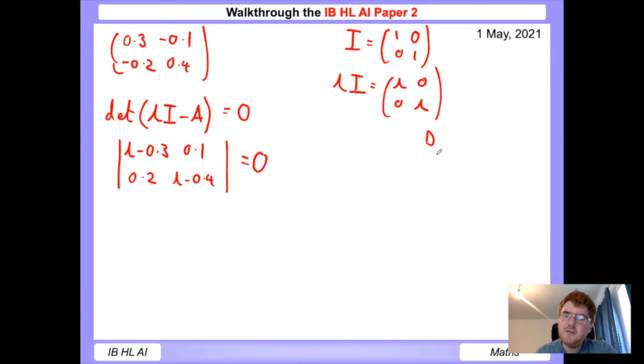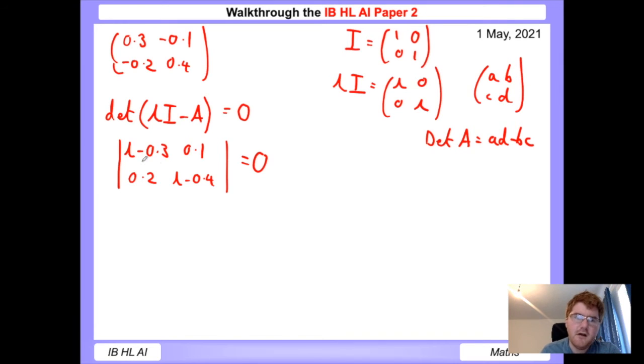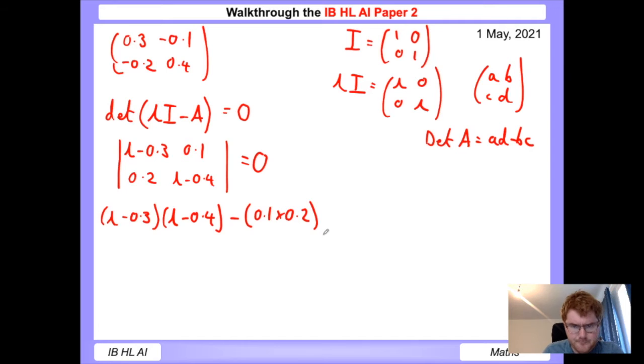Now remember, the determinant of any matrix can be worked out by using the formula AD minus BC for any given matrix A, B, C, D on your formula sheet. So I'm going to do lambda minus 0.3 times lambda minus 0.4, minus 0.1 times 0.2, is equal to 0. If we expand this out, we get lambda squared minus 0.7 lambda.